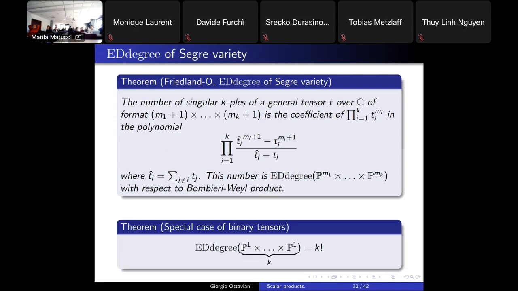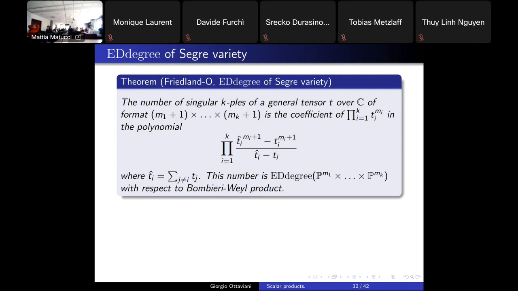Maybe the important thing is how we proved that this is the Chern class of a certain vector bundle. And the critical points were interpreted as zero loci of a section of a vector bundle.